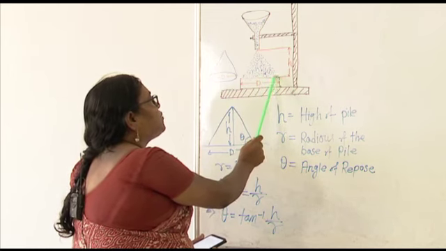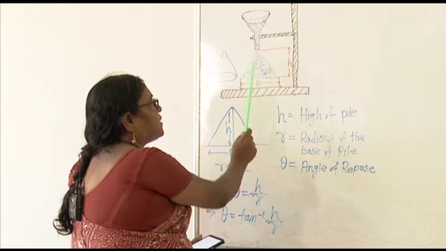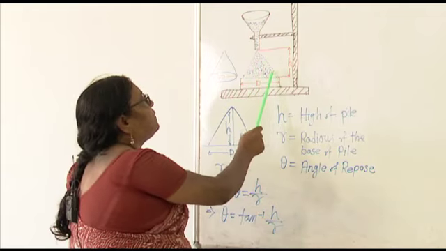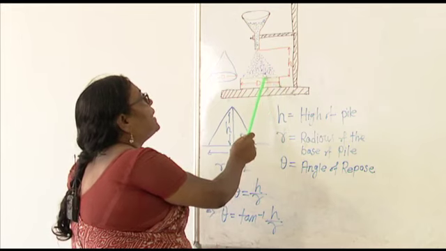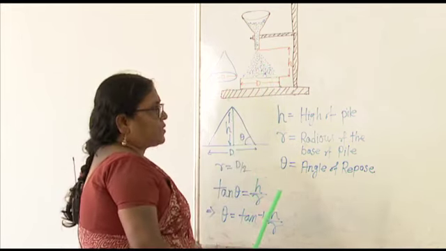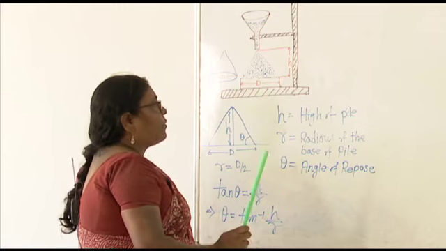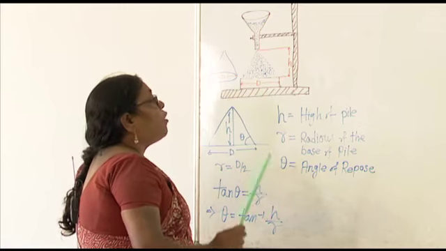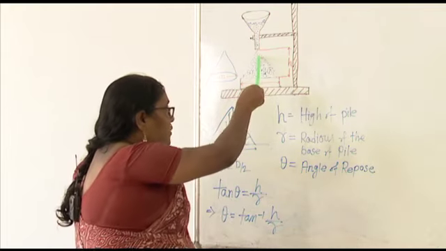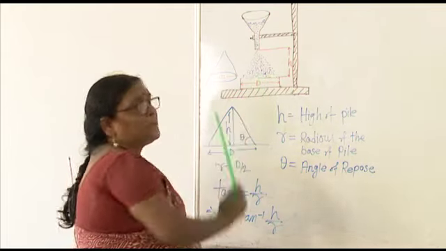In some cases, you will find it a little flatter, but by definition, it should be the steepest angle formed between the base and this slanting surface of, once again I note, unrestricted materials. The materials must flow on their own.